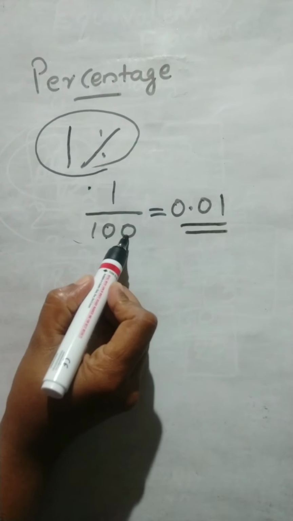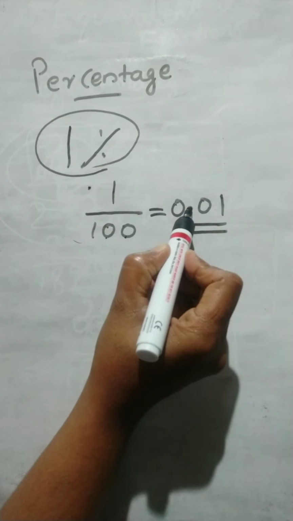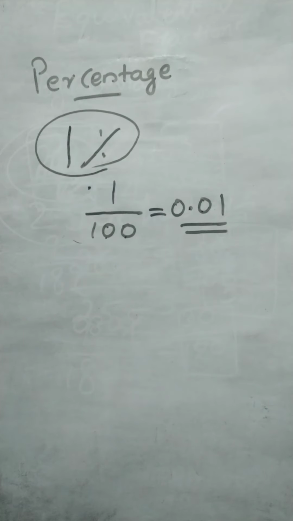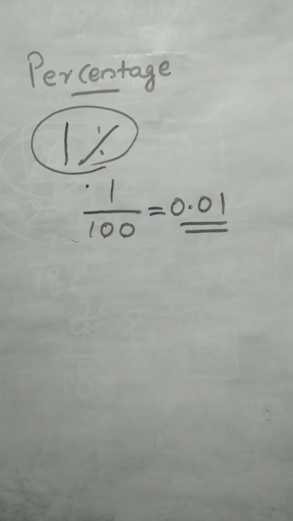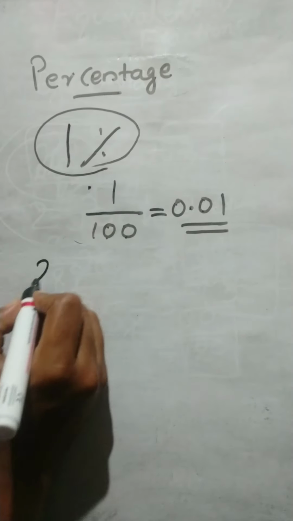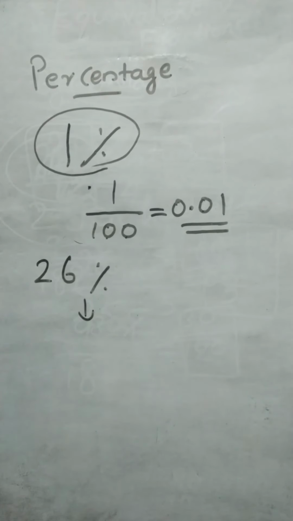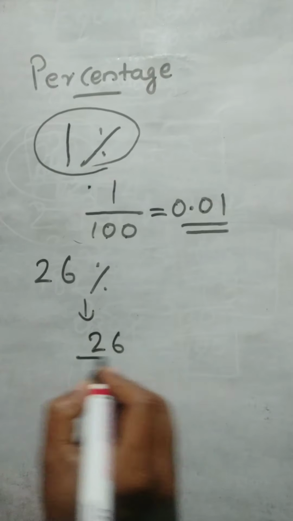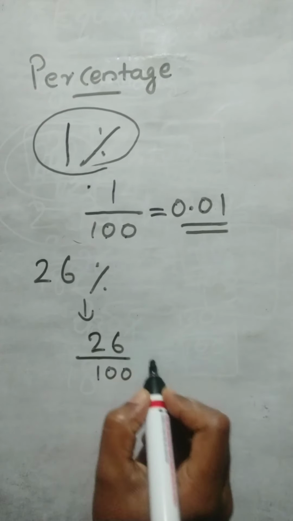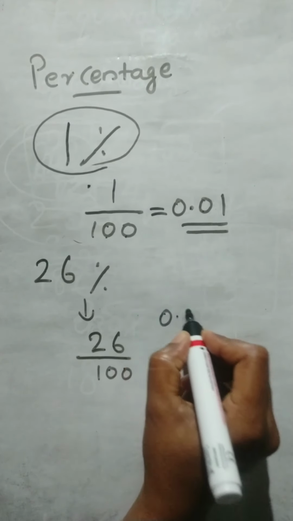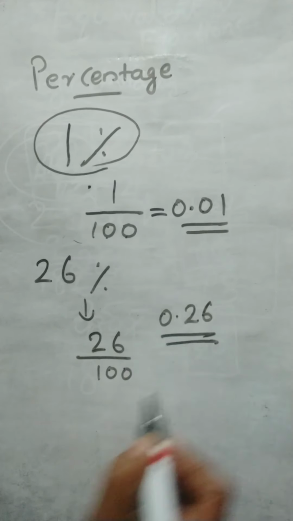Because here 2 zeros are there, so after the decimal, 2 digits will be there. Okay? 2 digits. So 26%: the fractional form is 26 on 100 and the decimal form is 0.26.